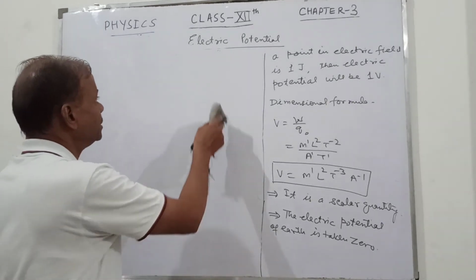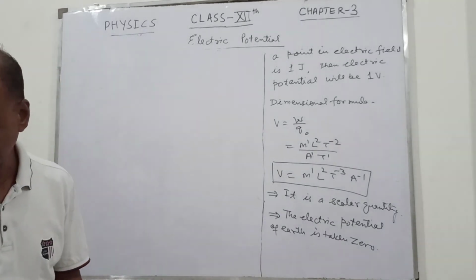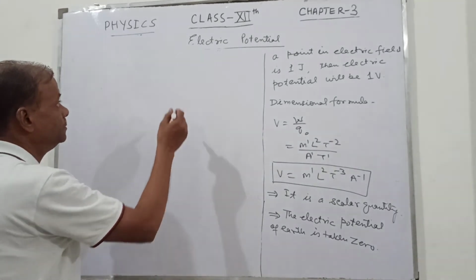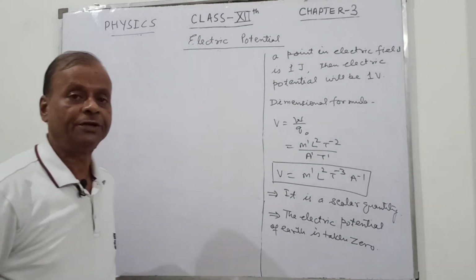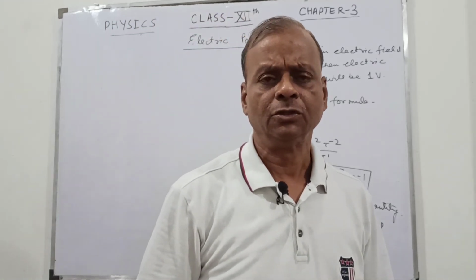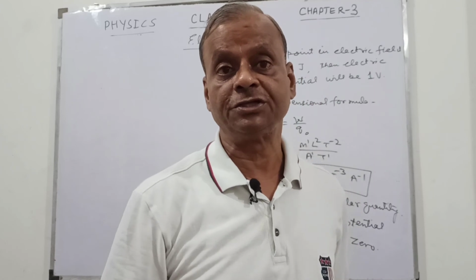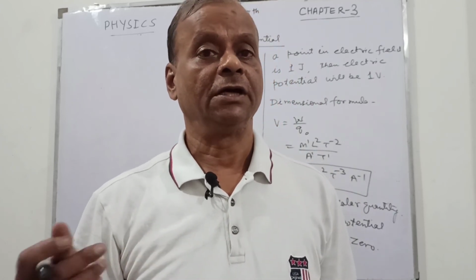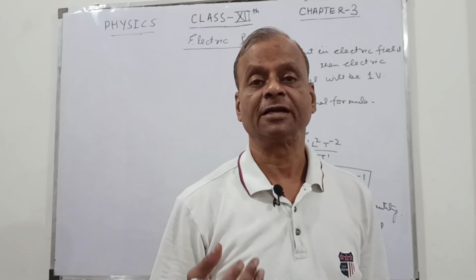This is the electric potential that I have told you about here. When a body is charged, then it has the electric potential. You have studied in Gauss law the electric field due to a charged sphere, conducting or non-conducting; they have the electric potential.